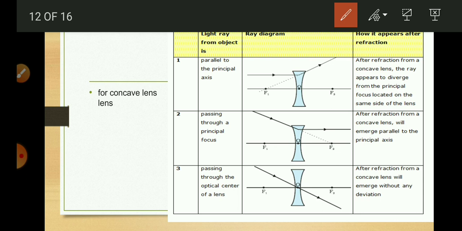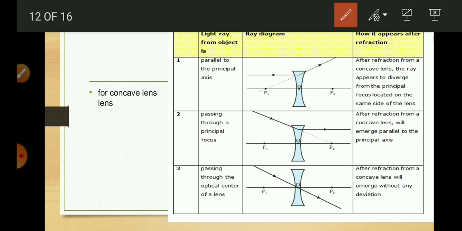So if we extend the refracted ray backward, it appears that it is coming from the focus, that is from F1. Here we can see these are the parallel rays. After refraction they get diverged. If we extend this diverged ray backward, it appears that it is coming from F1, that is principal focus F1.